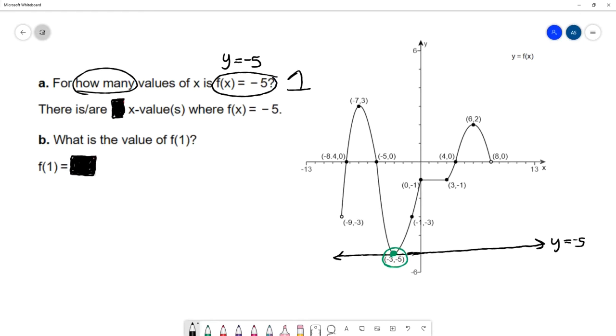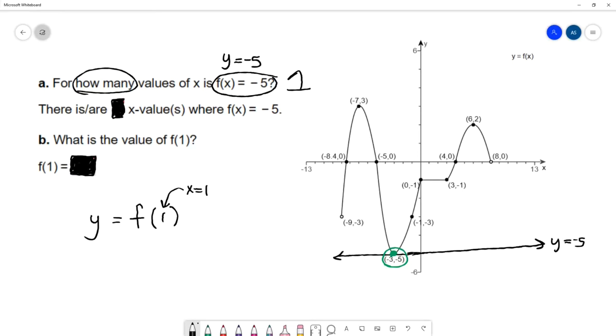For the second question, again, we have to know what this notation means. f of 1 is a y, but the number inside the parentheses is our x. So we want to look on our picture for an x value of 1 and figure out what the y value is.